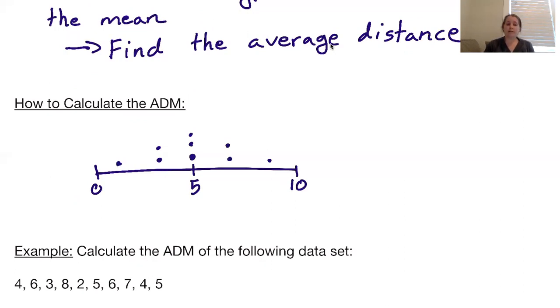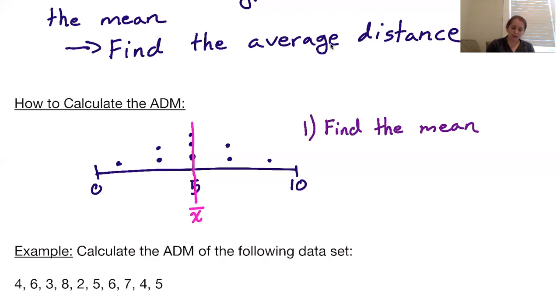And the first thing we need to do is simply find the mean. In this case, our dot plot is symmetric about the 5, so it turns out that 5 is the mean. So this is our mean, or our x bar.